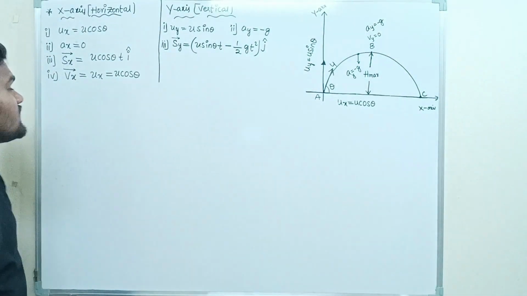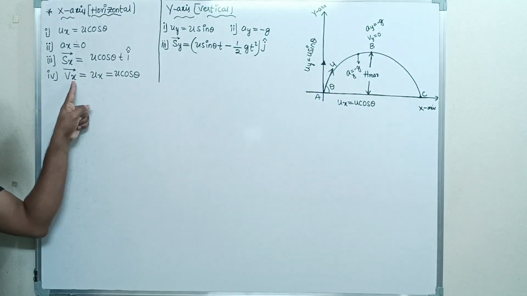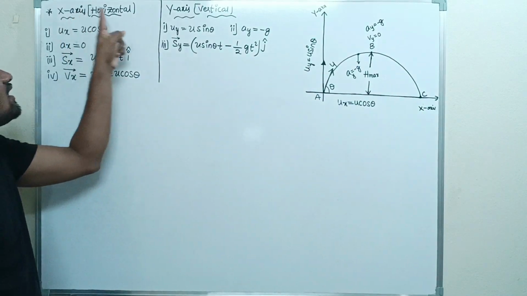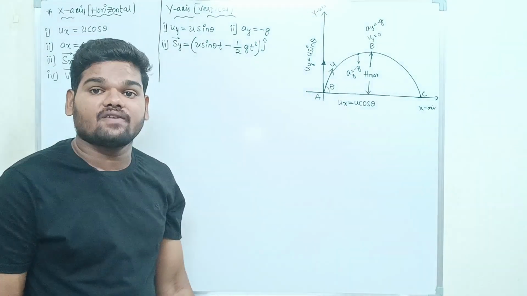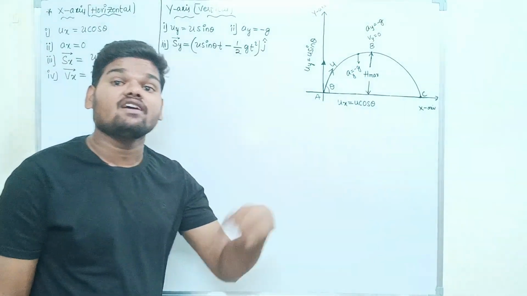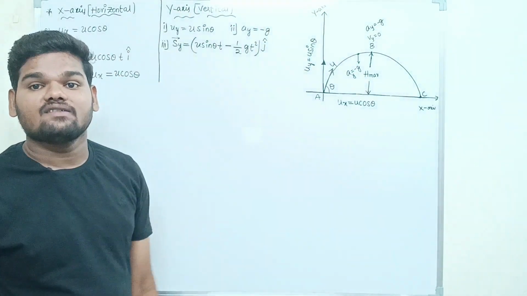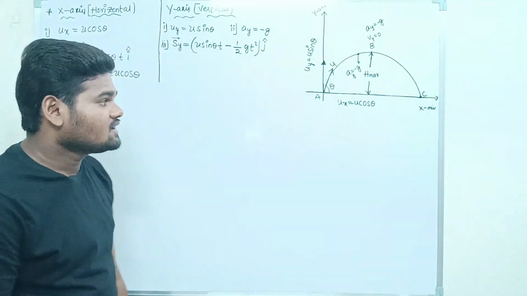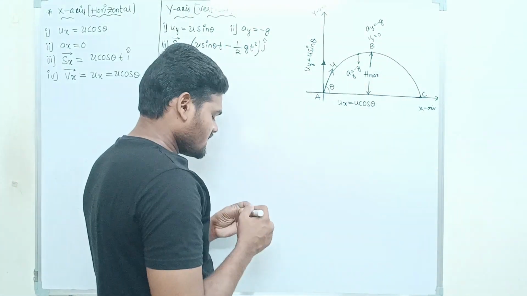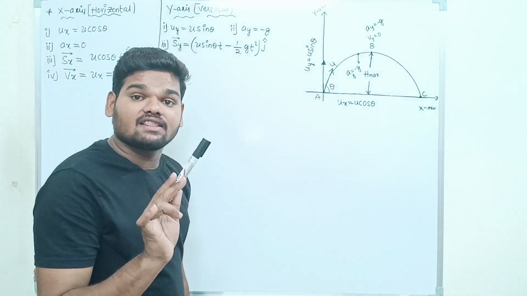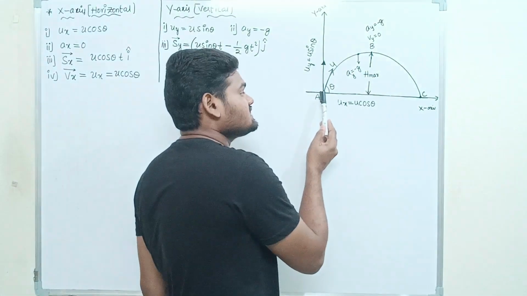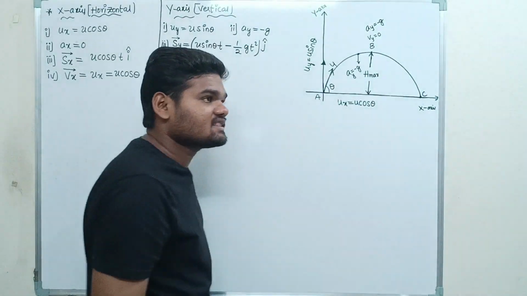Just now we discussed. So have a look. Here we have the final velocity of the object along the x direction. So here also we have to find the final velocity of the object along the vertical direction, or y direction. Just now I told you that in case of vertical direction, the velocity of the object changes from point to point on its path.